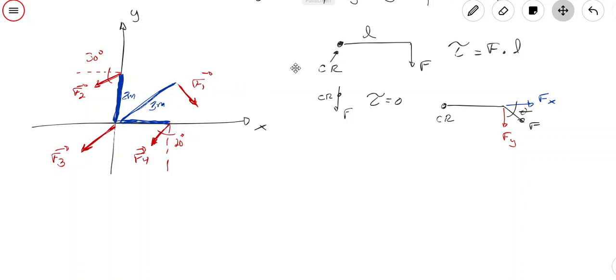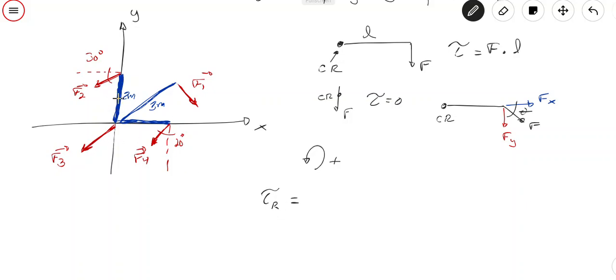So if I want to find the resultant torque, I'm going to assume that when the torque is counterclockwise, it's going to be positive. So I'm going to say that the resultant torque is equal to, let me start with the force F2 here.